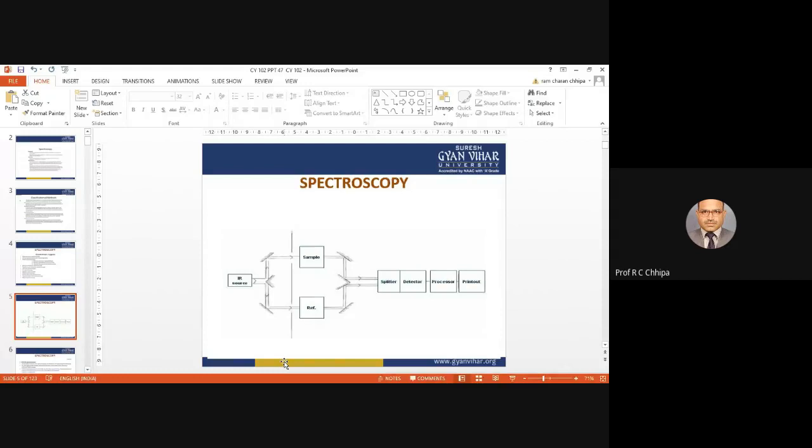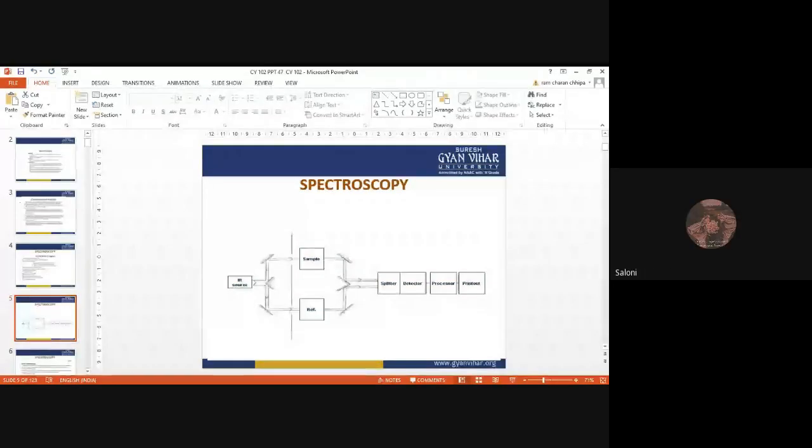Has anyone seen the ECG? ECG की जो ग्राफ होता है वो have you seen? Electrocardiogram, ECG of the heart. उसका ग्राफ देखा है आप लोगों ने कभी? Yes.